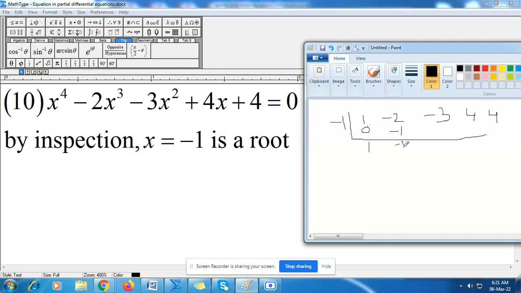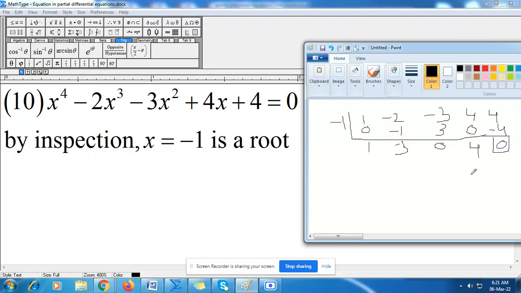Minus 2 minus 1, minus 3. Minus 1 into minus 3, plus 3, which is 0. Minus 1 into 0, 0. 4 plus 0, 4. Minus 1 into 4, minus 4. 4 minus 4, 0. So our root is right.